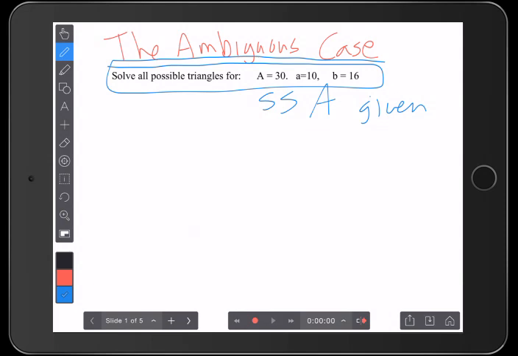So let's start by drawing a triangle that would fit this description. What I tend to do when I draw them is draw them as if the ambiguous case would work. So I know that this is A, and so that's 30 degrees there. And then across from A is side a, which is 10. And then we have side b.